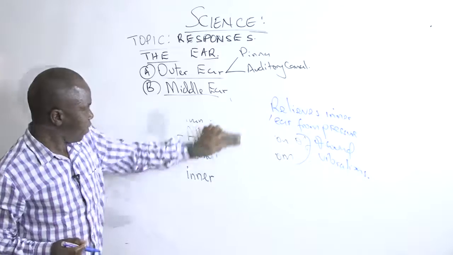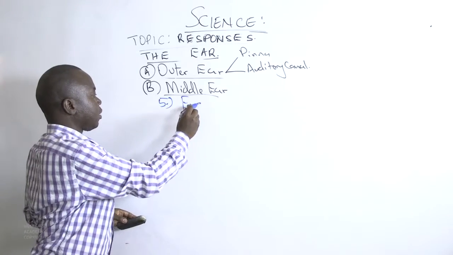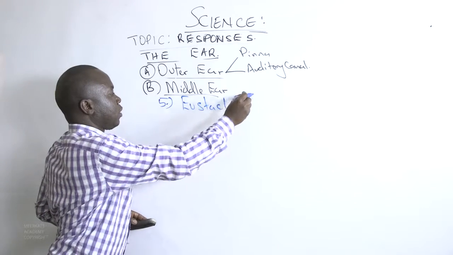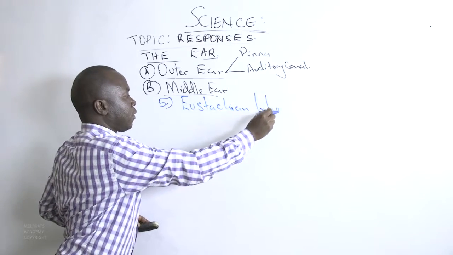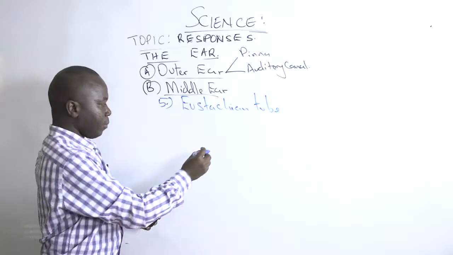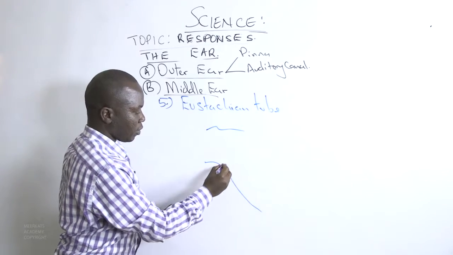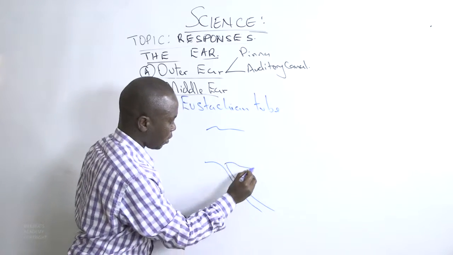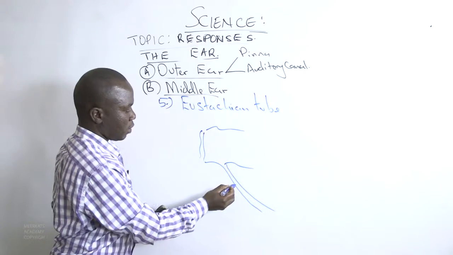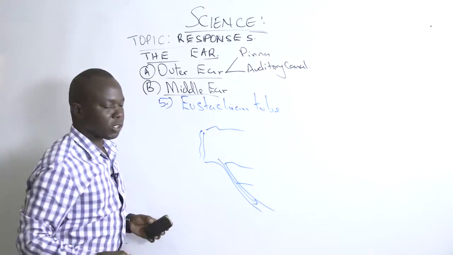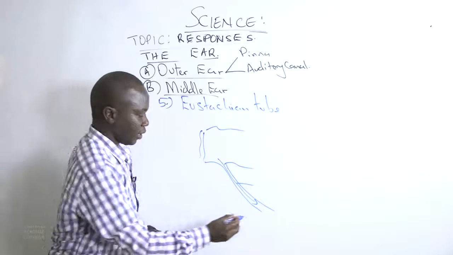Part number 5, Eustachian tube. On our diagram, we have just shown this is the middle ear and then a tube down. So that's the Eustachian tube. It usually leads to the pharynx.